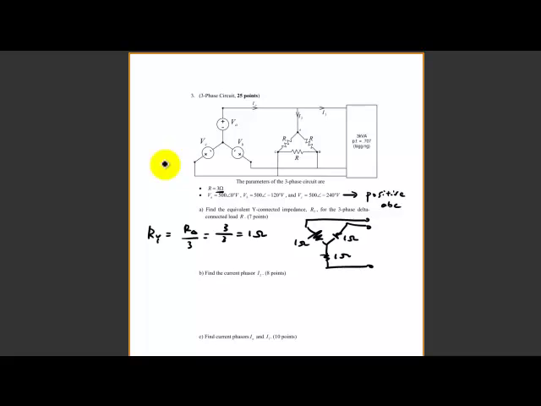So part B is asking to find the phase current I2, which is this I2. To find I2, you have to know the voltage between these two terminals. But first, I think it's best for us to draw a one phase diagram.